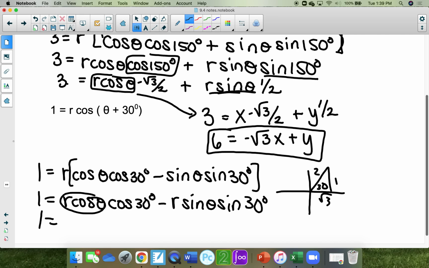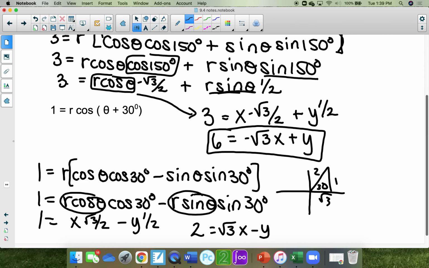This equals x, cosine of 30 is the square root of 3 over 2, minus this equals y, 1/2, multiply everything by 2, 2 equals the square root of 3x minus y. Final answer.